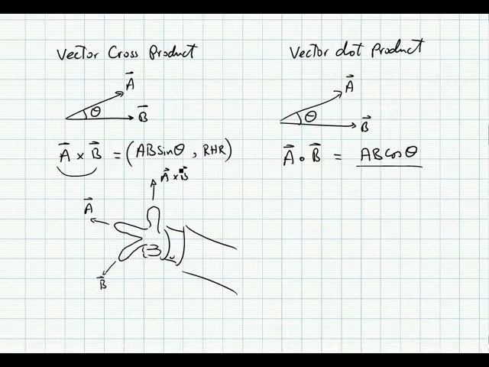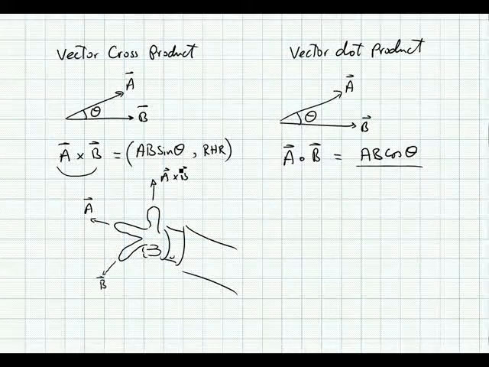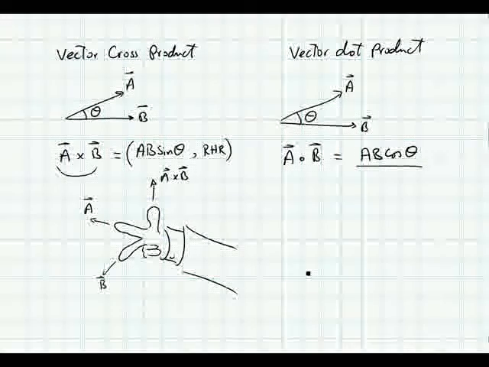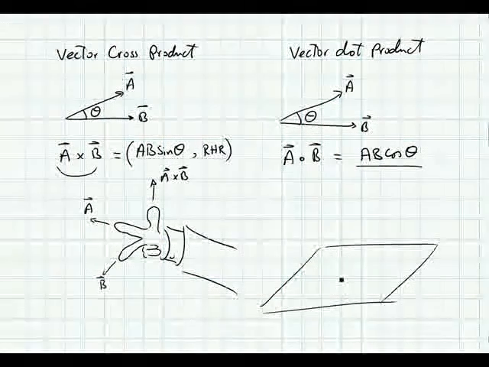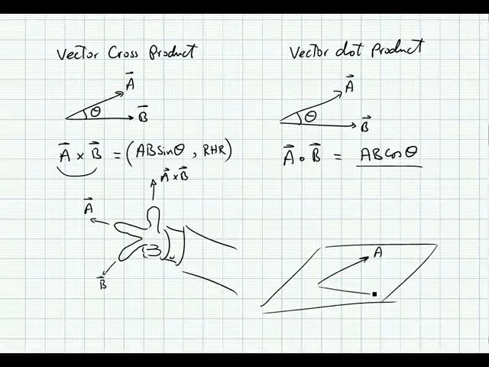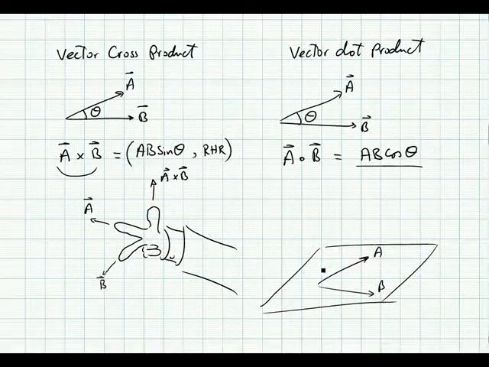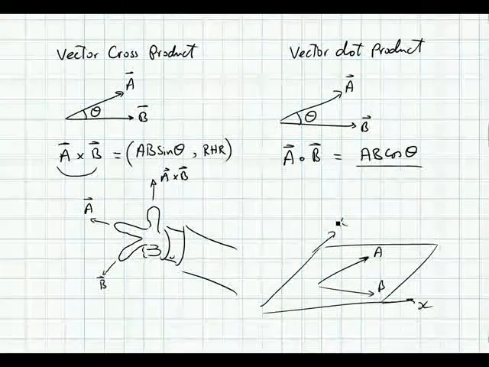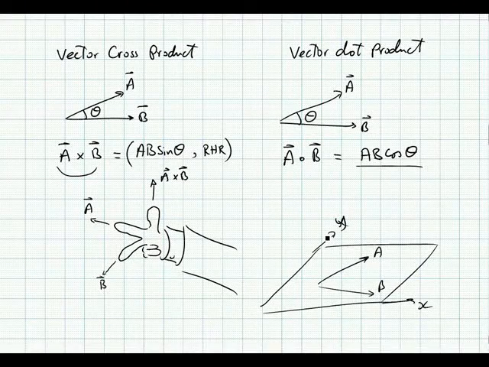First of all, let me elaborate that the two vectors A and B can always be drawn such that they lie on the same plane. So here's our vector A, let's say, and here's vector B. Then these are the x and y directions, for example.